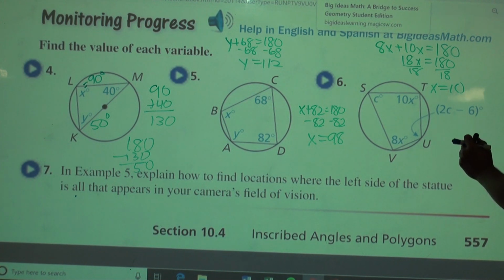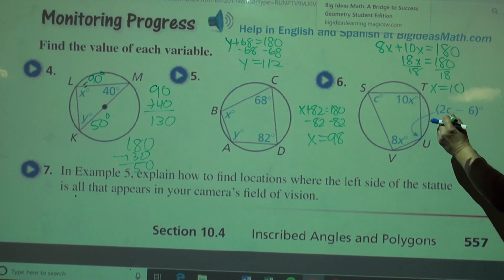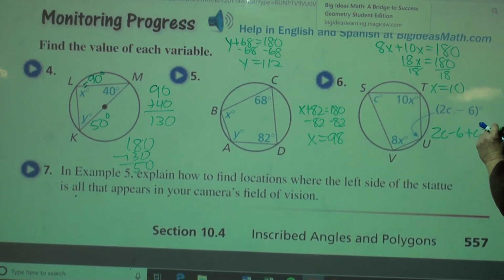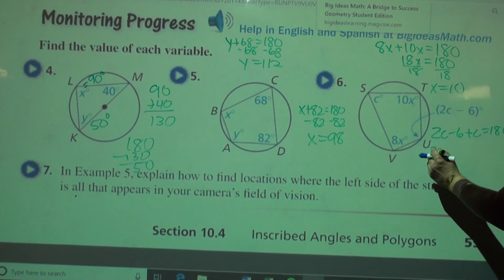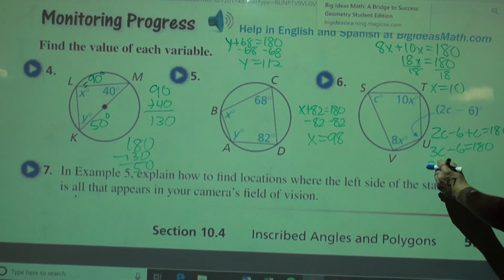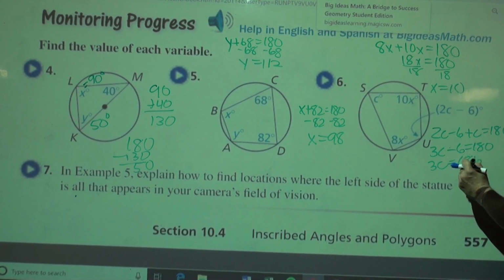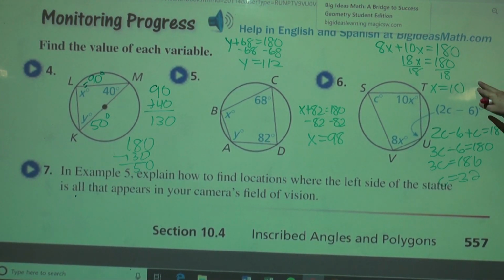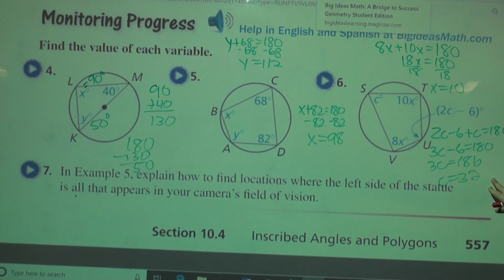Okay. The other one is 2c minus 6 plus c equals 180. 3c minus 6 equals 180. 3c equals 186. C equals 62. All right, x equals 10 and c equals 62.